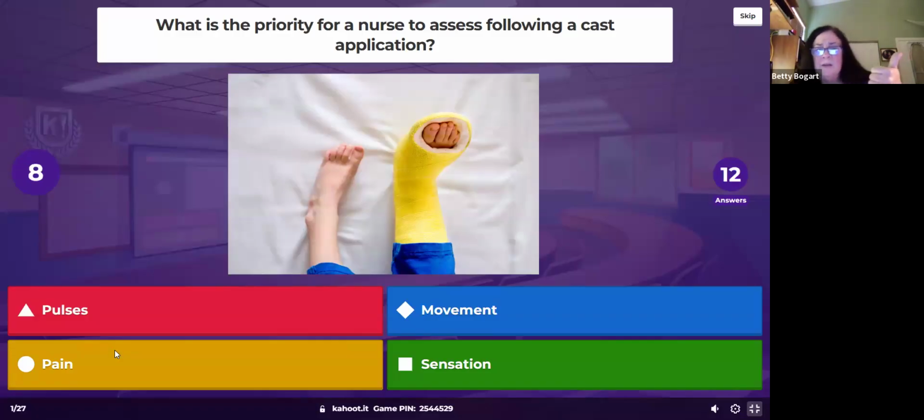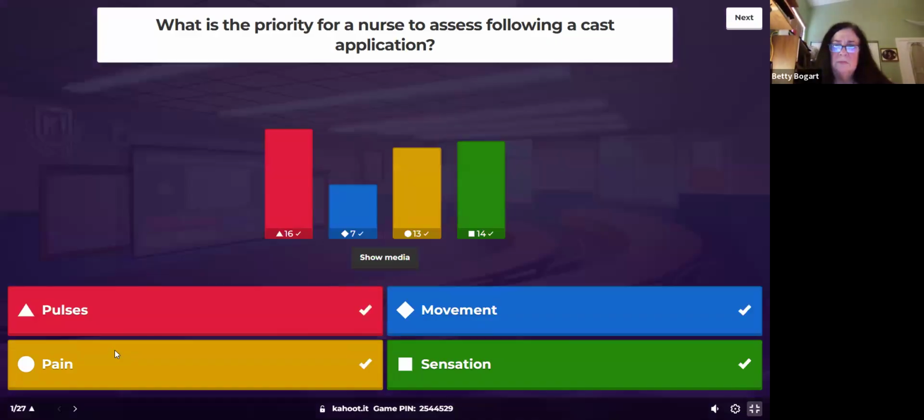Are we doing RICE? Or are we doing the 6 P's? Those two things you need to know. We're checking everything. It's all the P's. It's paralysis and paresthesia, movement, sensation, pulses and pain. Yes, yes, yes, and yes.